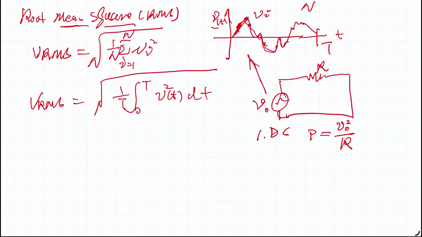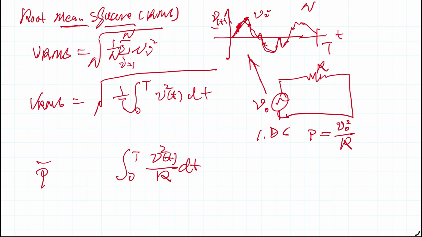What's the average power? The average power is basically the integration of the instant power, v(t) squared over R, over a certain time, integrated from 0 to T, the capital T, the period of one cycle.